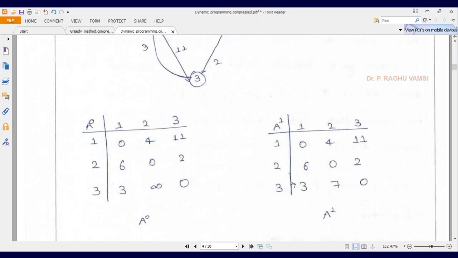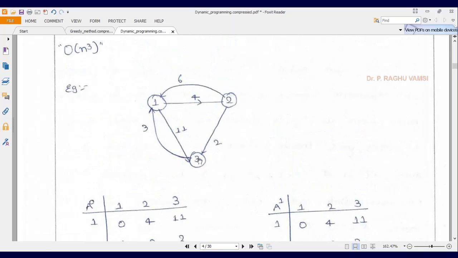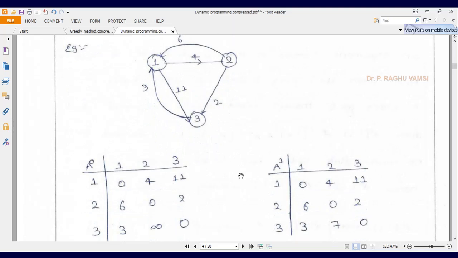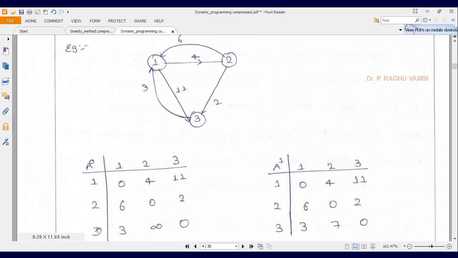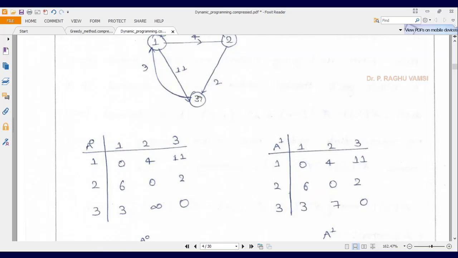Now first you focus on the infinity. That means in order to go from 3 to 2, there is no direct path. You search for whether any other path is available. Yes, there is a path: 3 to 1 and 1 to 2. So from the previous matrix, that is A0, you check 3 to 1.